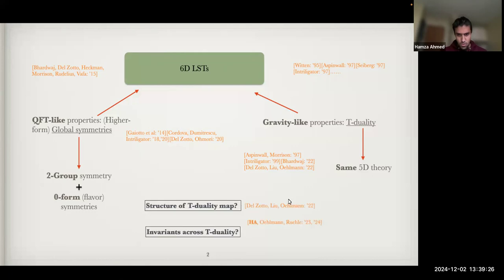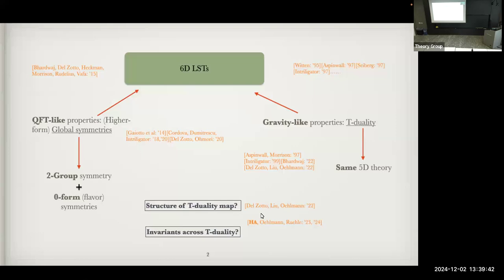Sorry, can I ask, the same 5D theory, does that refer to a low energy limit going to 5 dimensions? So I usually thought of T-duality as something that was true at finite size of the circle, not in the limit where I think of the circle as small. Yeah. So I would say that this would be a statement about the equivalence of the moduli space, of the 5D moduli space.